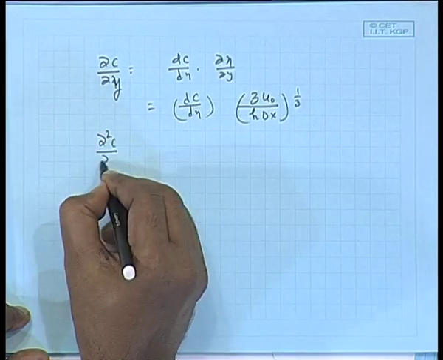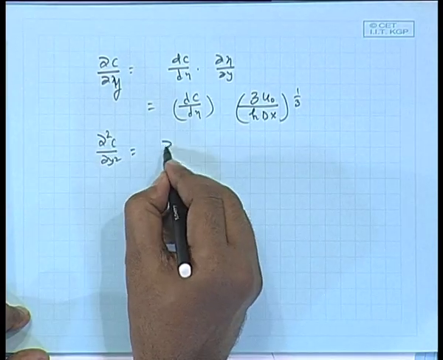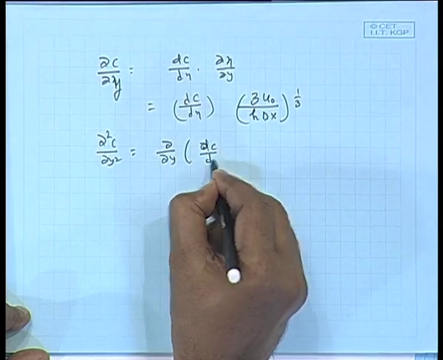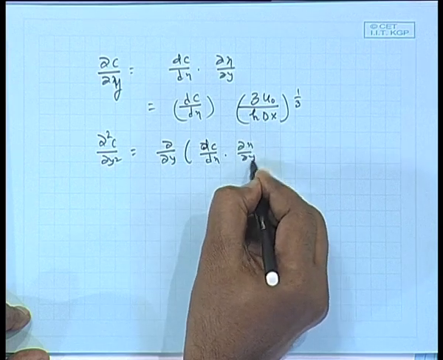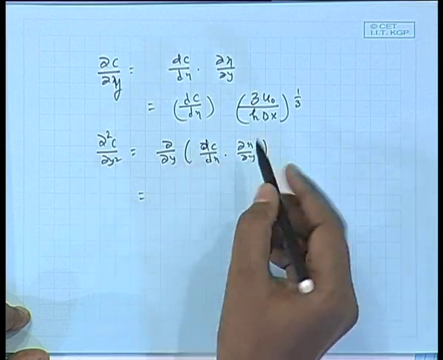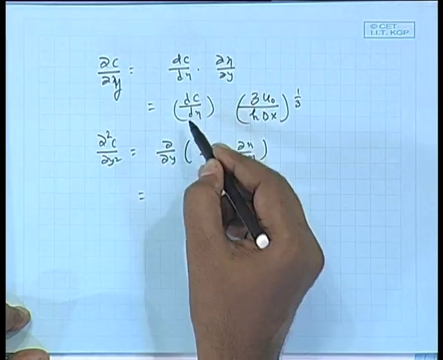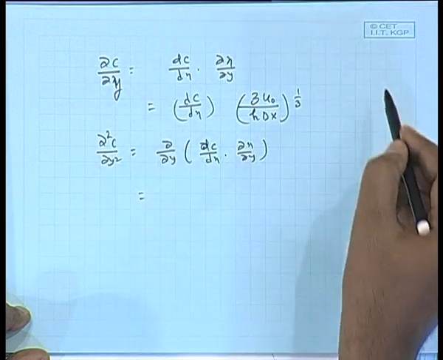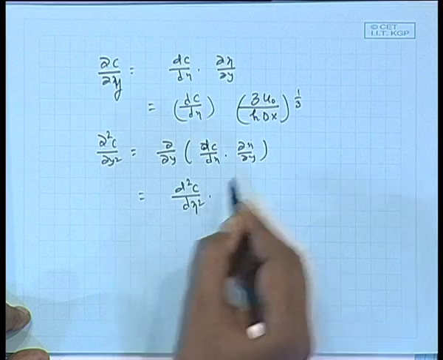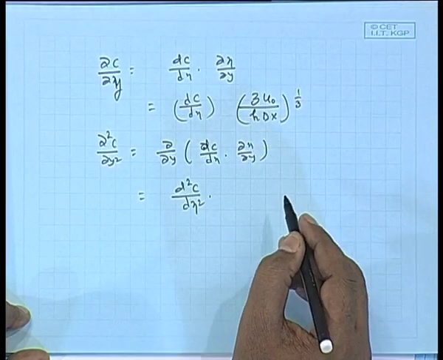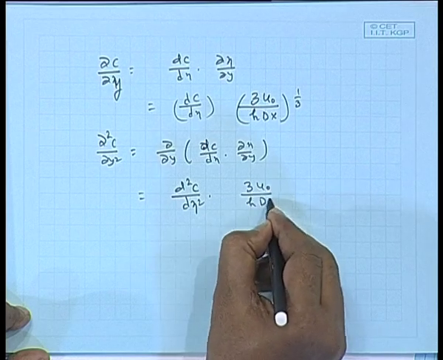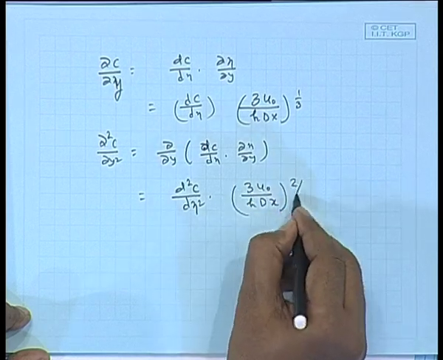Del square c del y square is one more derivative of this, del y of d c d eta del eta del y, in fact del y of the whole thing. So, it becomes del eta del y again, and d square c d eta square, with one more factor of this, 3 u0 by h dx raised to the power 2 by 3.